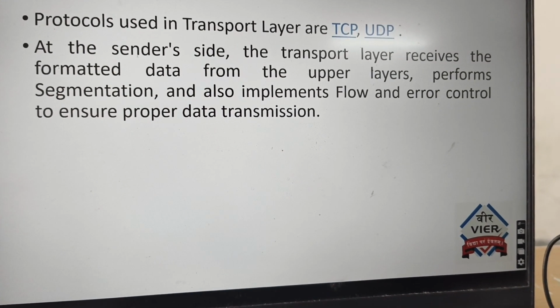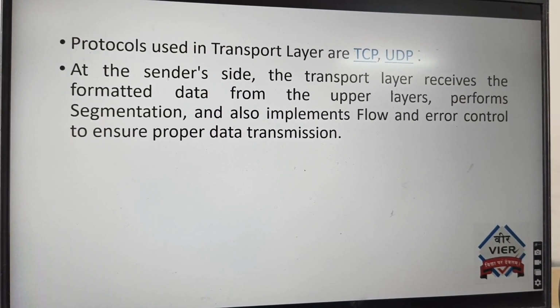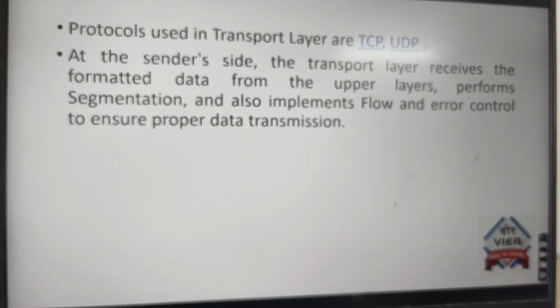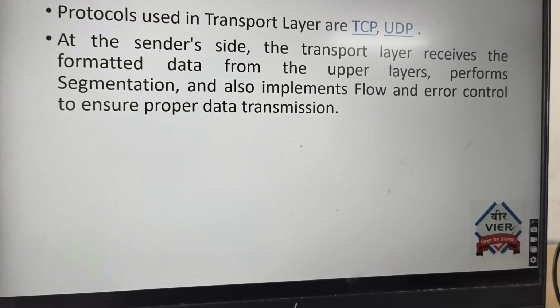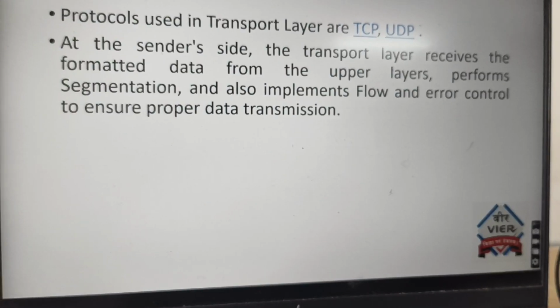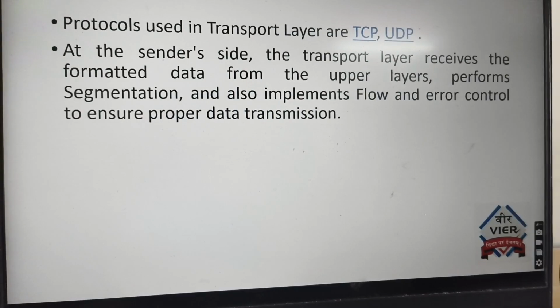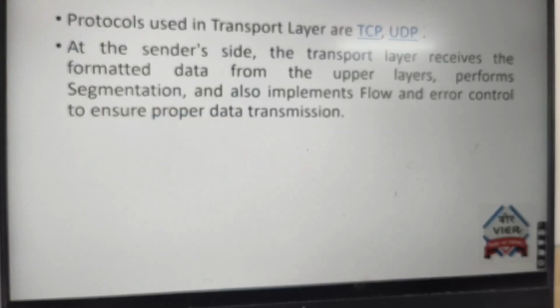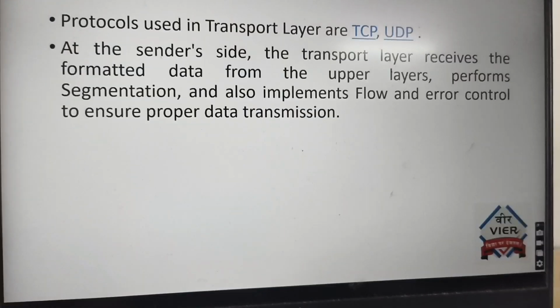Protocols used in the transport layer are TCP and UDP. At the sender side, the transport layer receives the formatted data from the upper layers, performs segmentation, and also implements flow and error control to ensure proper data transmission.